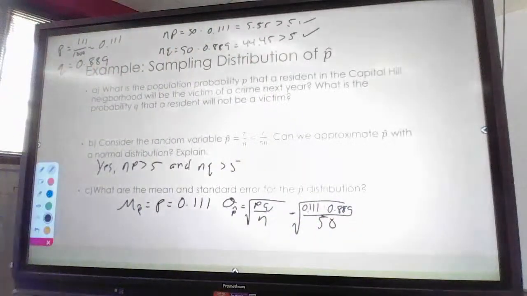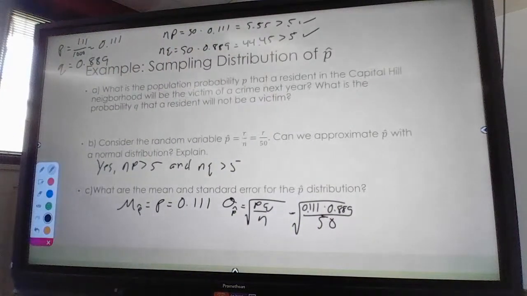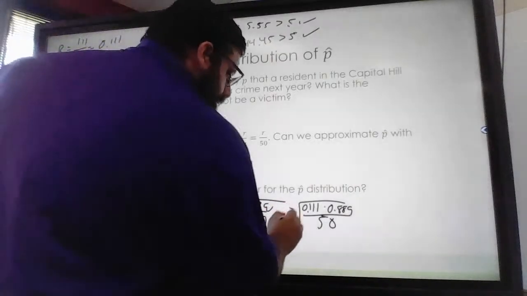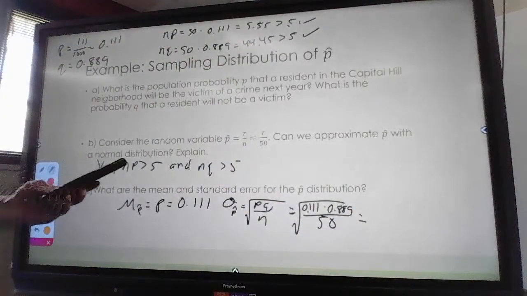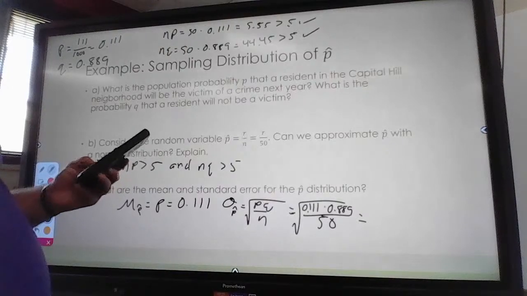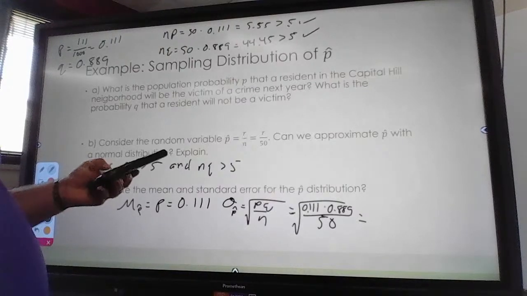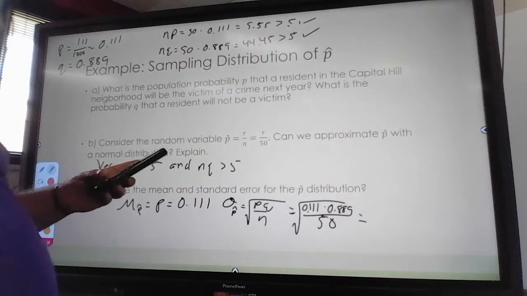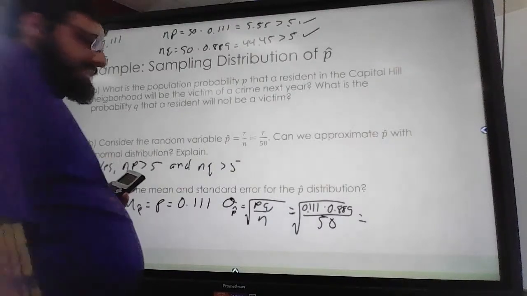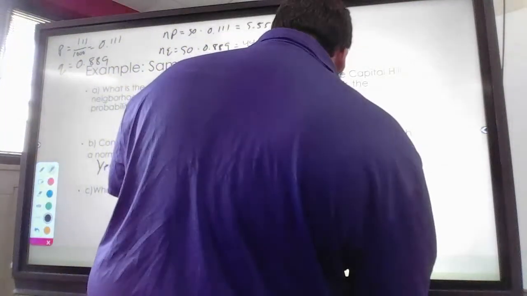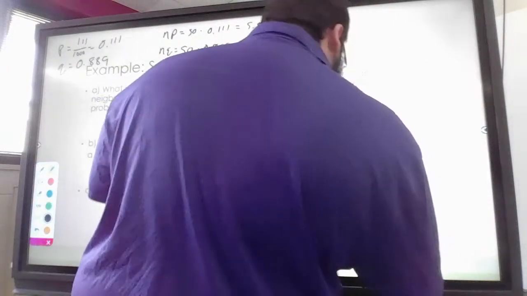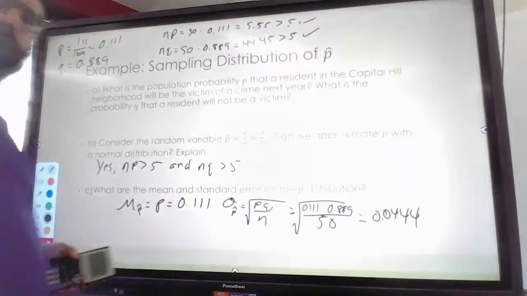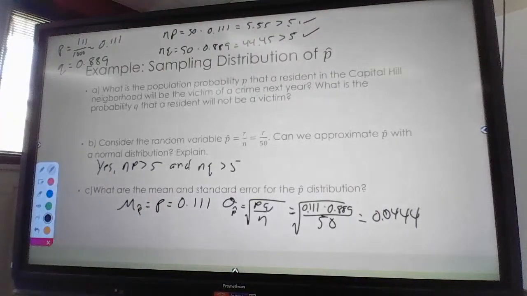We're going to calculate this and round it to 4 decimal places. So 0.111 times 0.889, divide that by 50, and take the square root of that number. I end up with a standard deviation of 0.0444. There's my mean. There's my standard deviation.